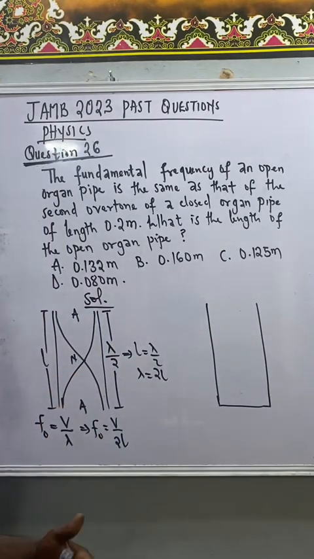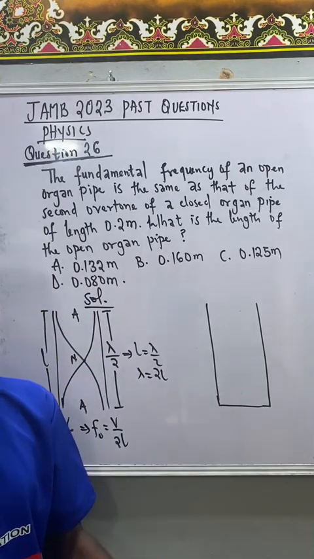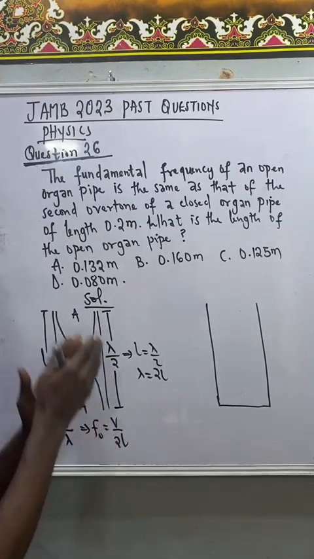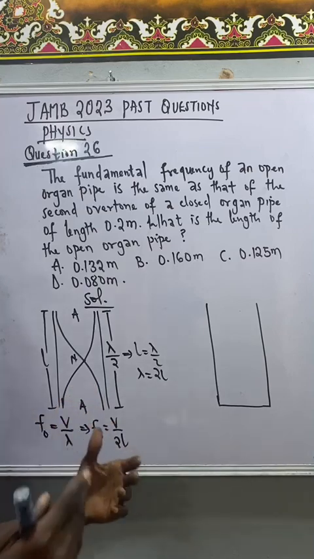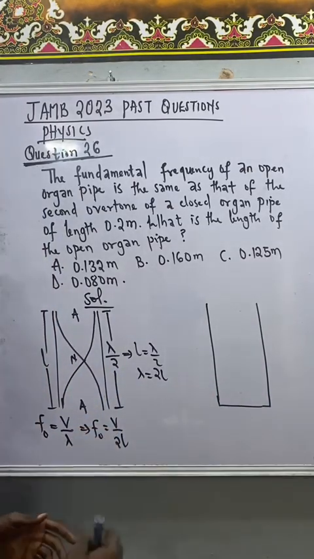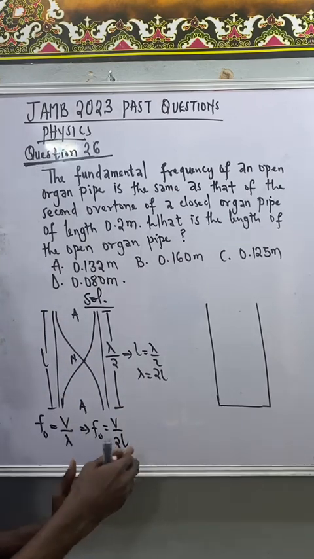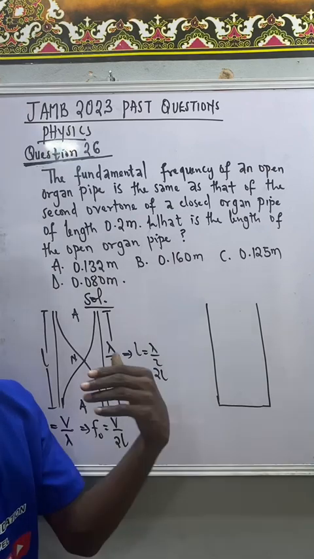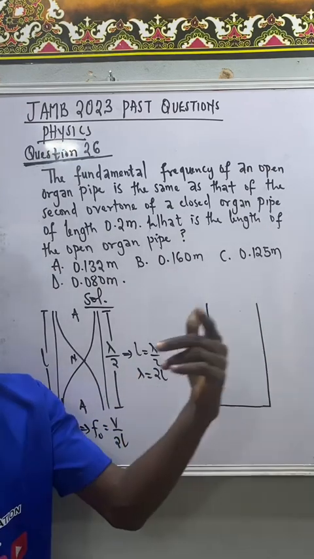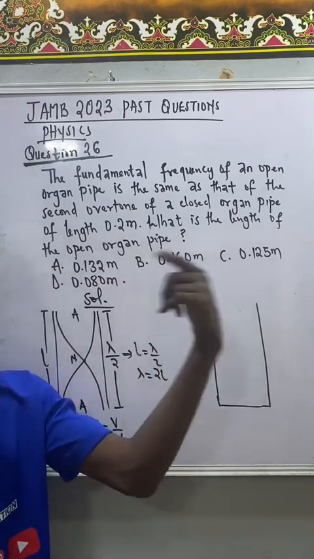Now, if we produce more loops of air inside the pipe, that means we will have the second harmonic. This fundamental frequency is also known as the first harmonic. We have the second harmonic, which is the same as the first overtone, and the third harmonic, which is the same as the second overtone.